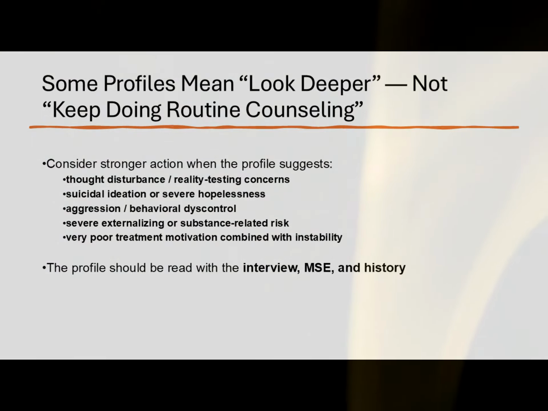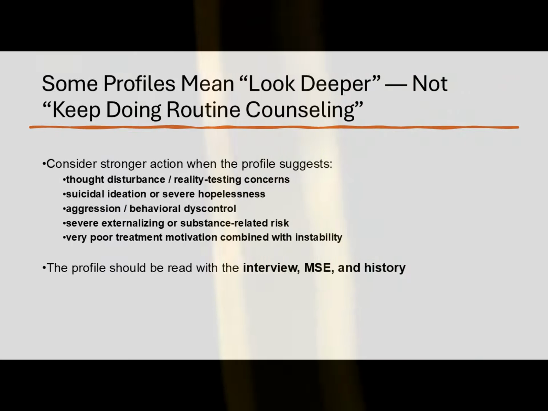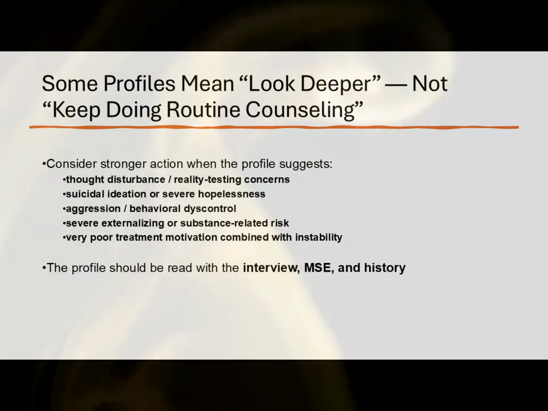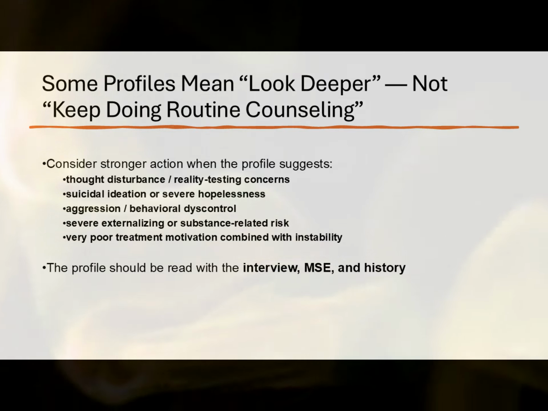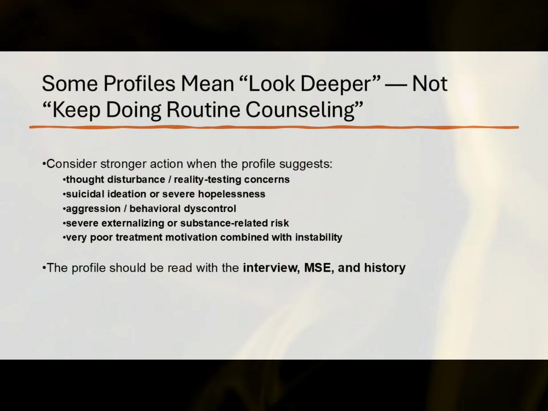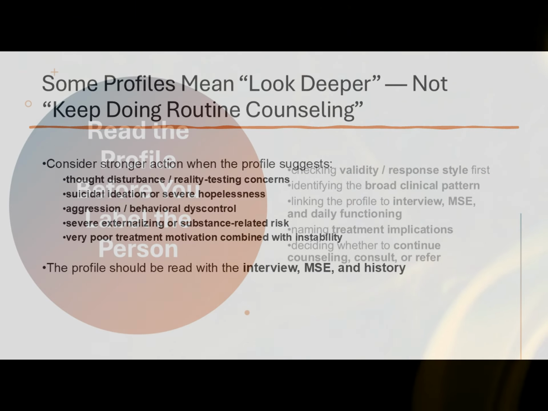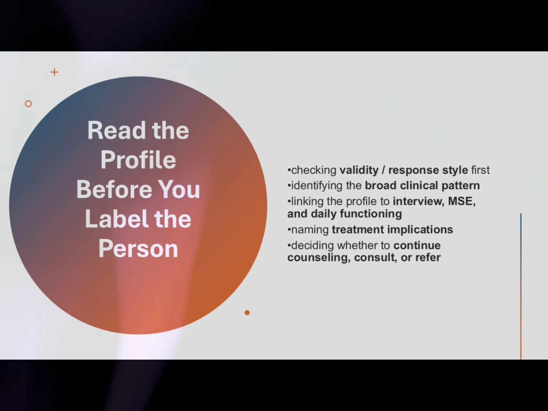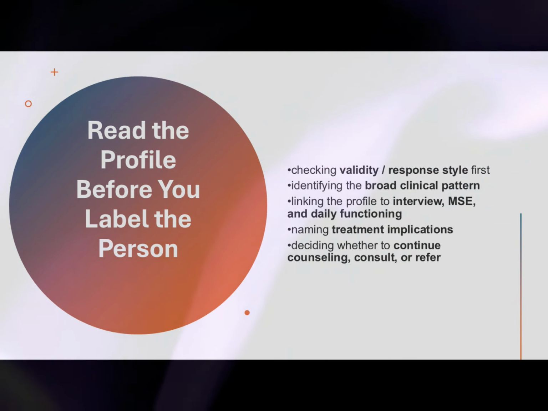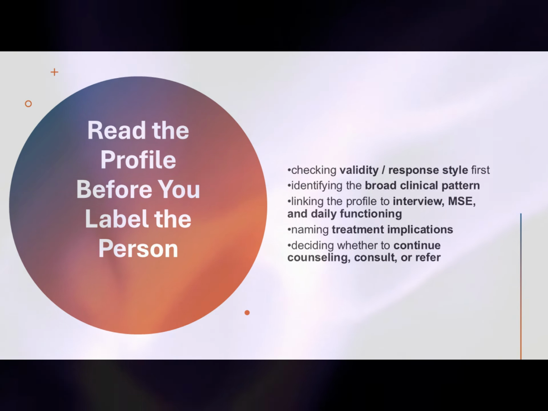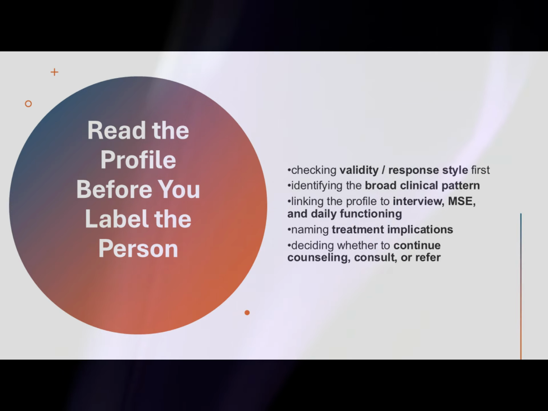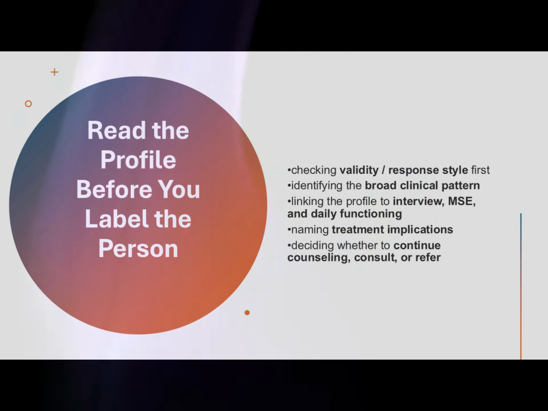And then you come to step 4, where you think about what the treatment implications are for this. Does the client need more rapport building because the profile suggests that they have mistrust and defensiveness? Or do they need more motivational interviewing because the profile suggests that treatment rejection is high?